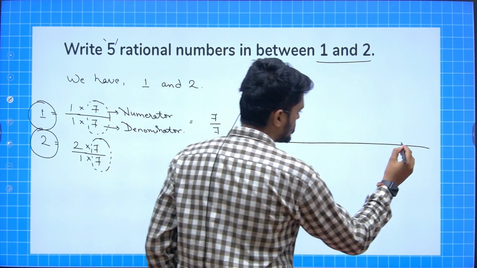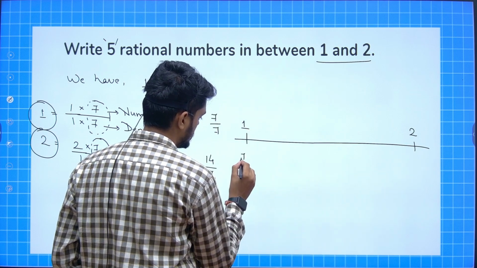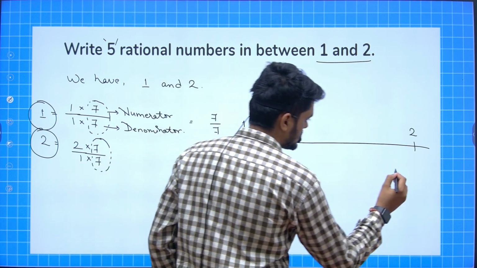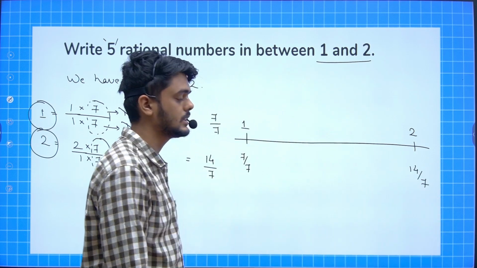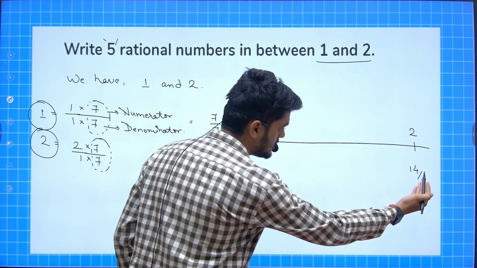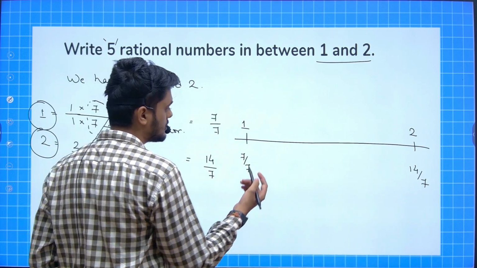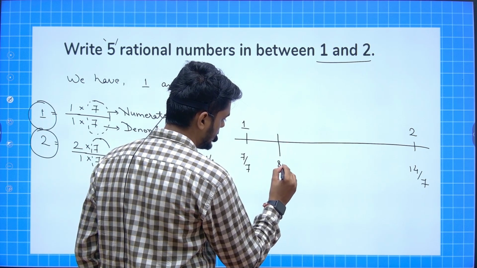I am writing the original quantities on the upward side and the concluded quantities on the downward side. Now we need to move from 7 by 7 to 14 by 7. Likewise, in a manner, 7 by 7. Now this would be 8 by 7.